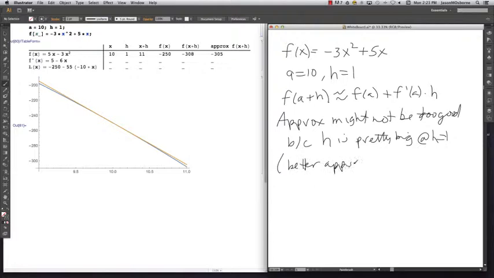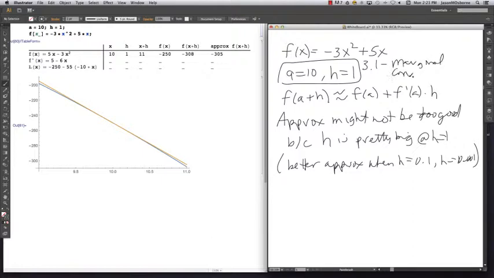Better approximations when h is smaller. But for the purposes of section 3.1, the marginal concept, the big idea here is that we're going to let h is equal to 1, as you will see shortly why we do that, okay?